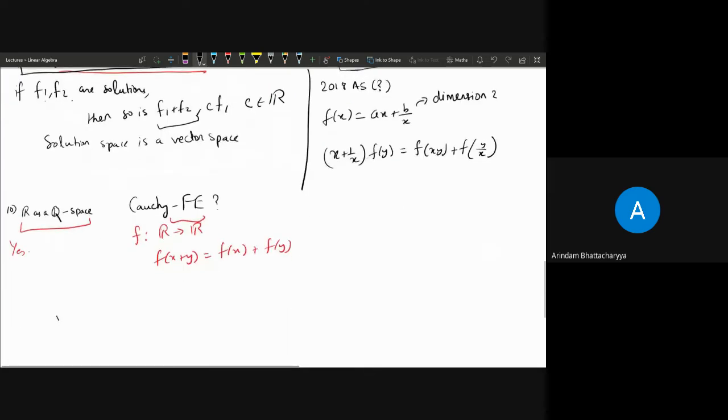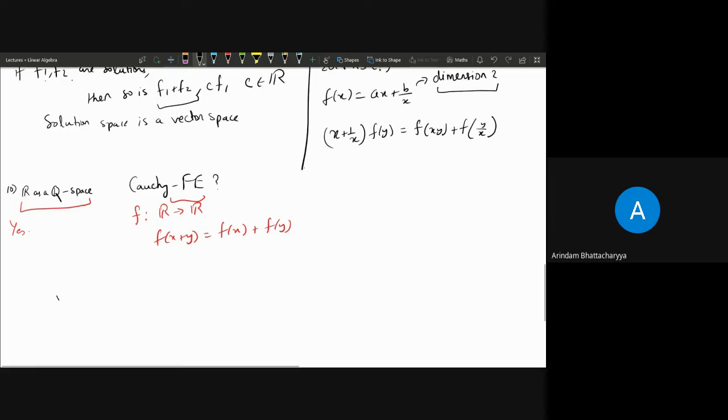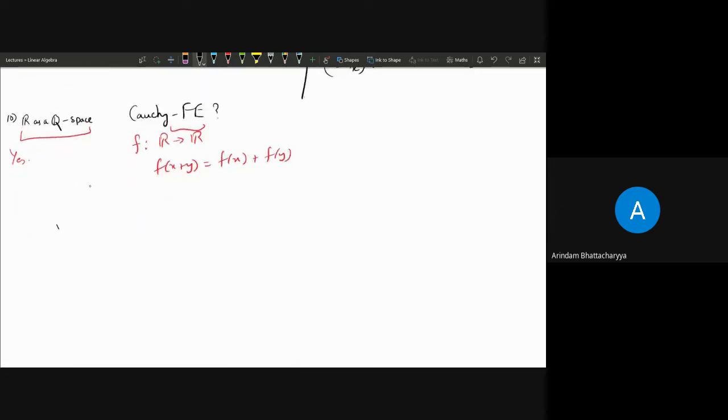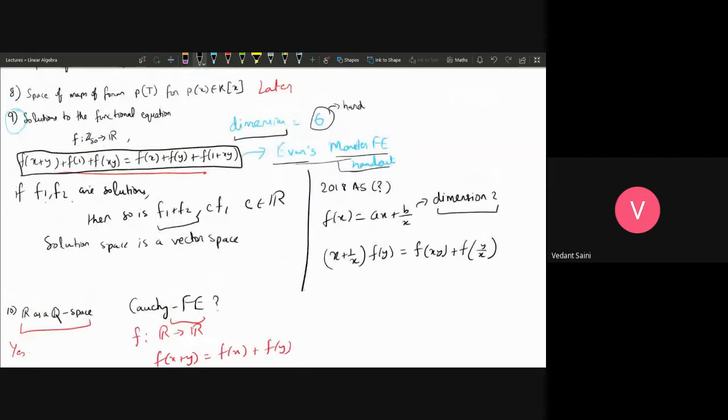So quite often, the solution space of the functional equation is a vector space, and it sometimes helps to get the dimension because it gives you more intuition, or gives you a way to solve the problem. I was asking how do we get the dimension of a functional equation?